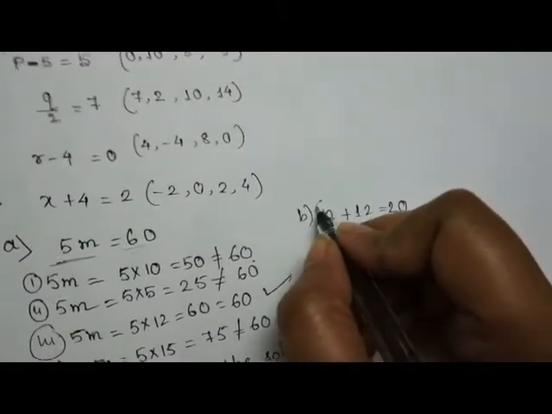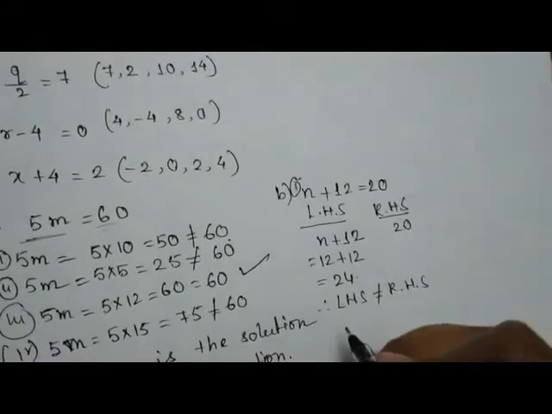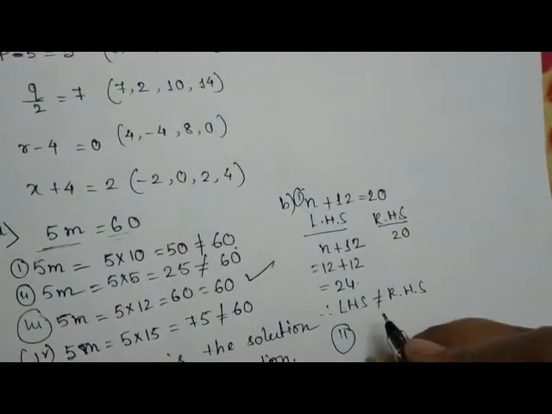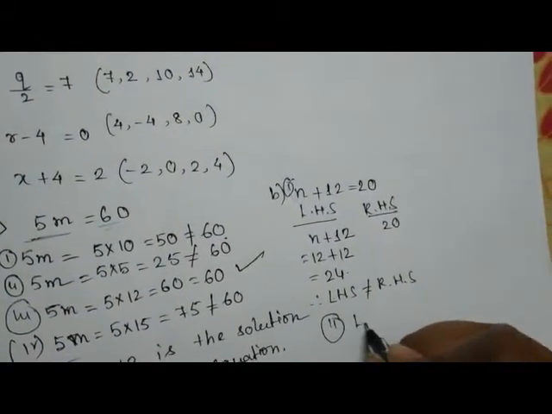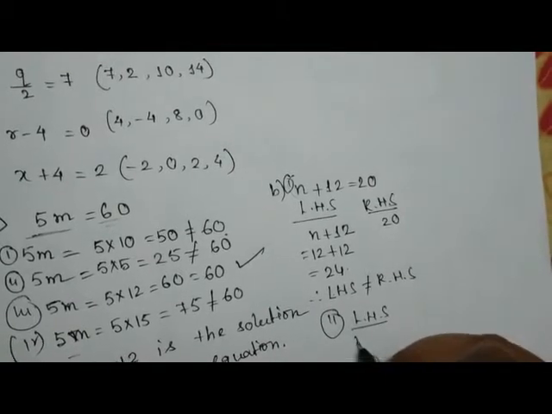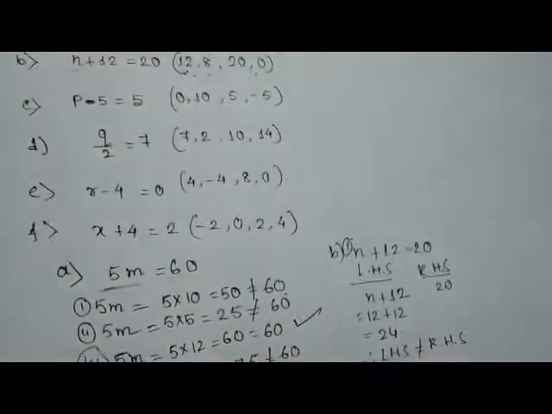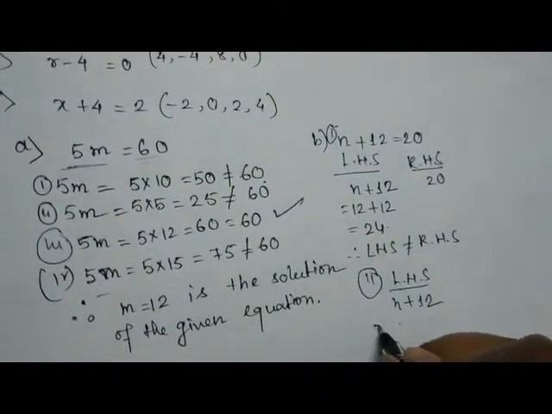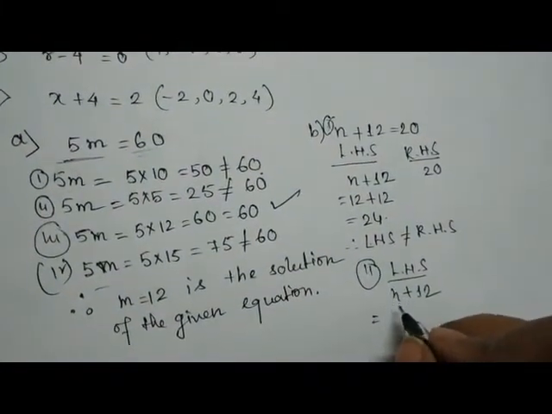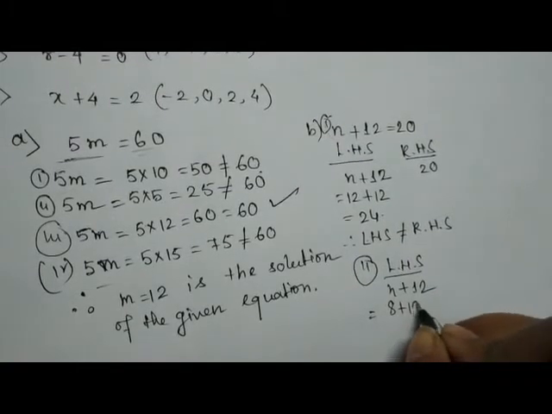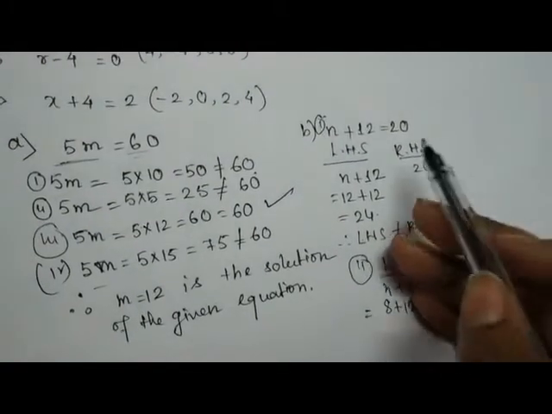This is number 1. Now number 2, again we will just mention the left hand side n plus 12, and here the value of n is 8. So we will just put 8 in place of n. So 8 plus 12 is 20, and the right hand side 20 is there.